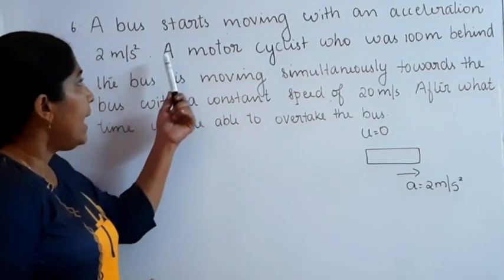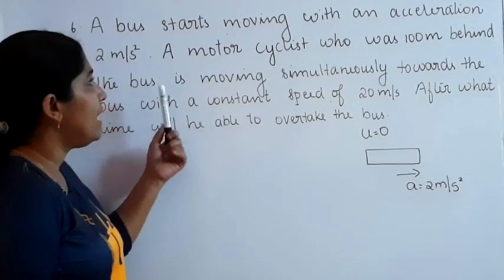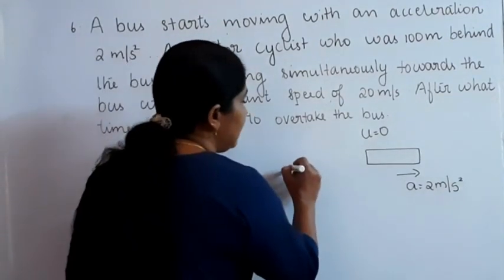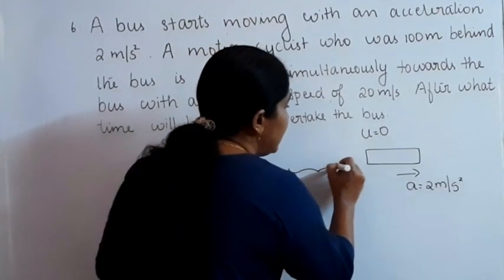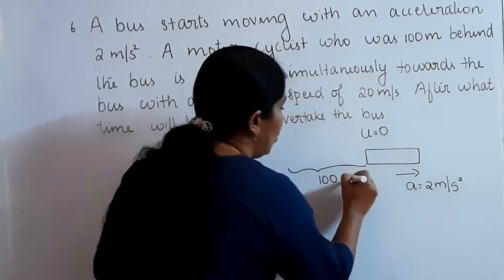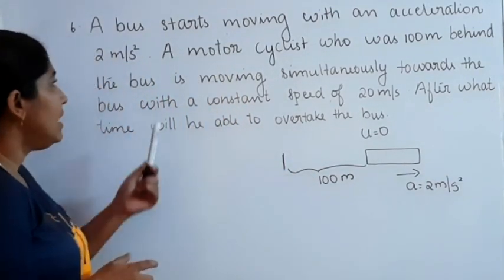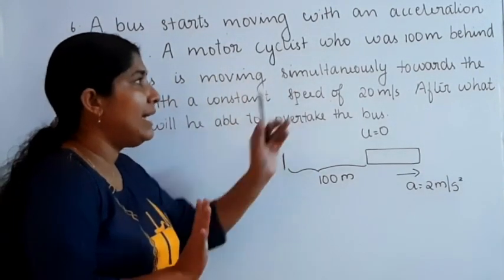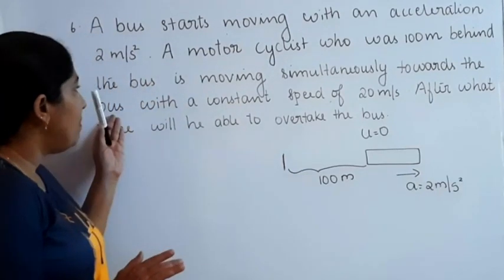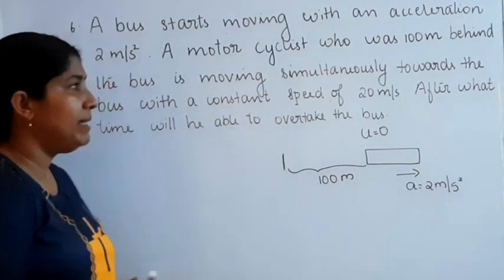A motorcyclist who is 100 meter behind the bus is moving simultaneously towards the bus with a constant speed of 20 meter per second.